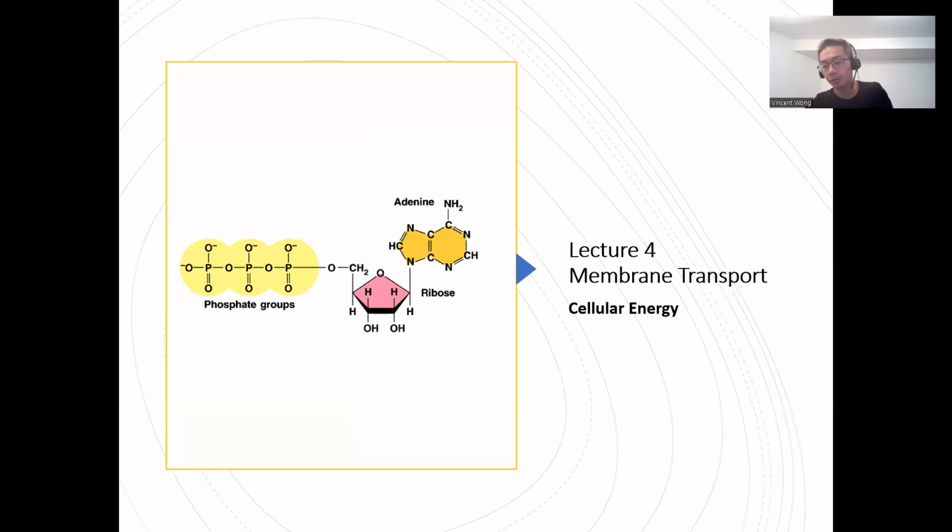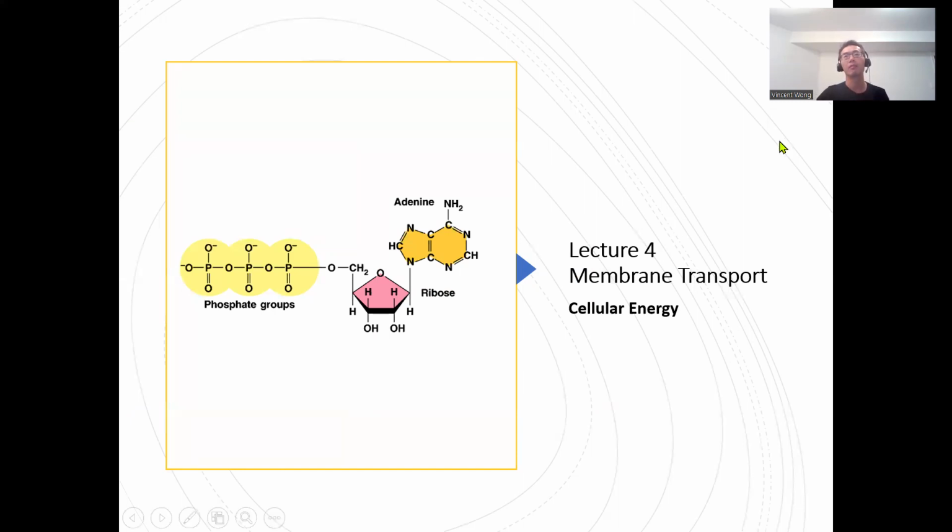So last time we were talking about the structure of the cell membrane, and we know the cell membrane is primarily made up of phospholipids as well as cholesterol. And then there are some proteins that are inserted within the cell membrane, right?